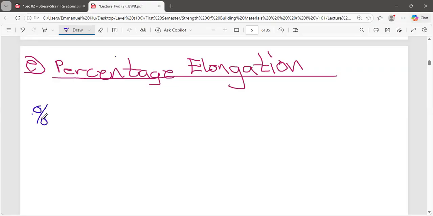Anywhere you see this symbol, it is for elongation. I told you that elongation can be known as displacement, change in length, extension, and many more. You should do well to know them.